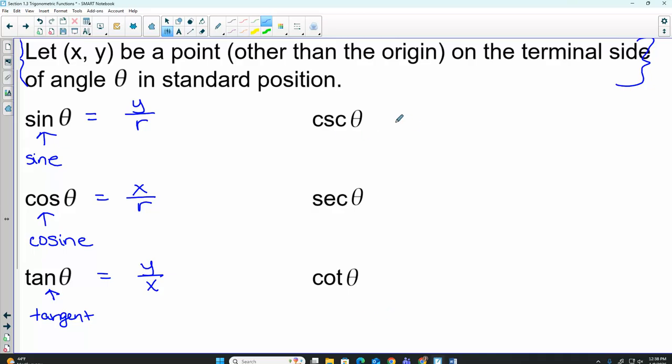All right. These other three are reciprocals. CSC is called cosecant, and it is just the reciprocal of sine. So it is r divided by y.